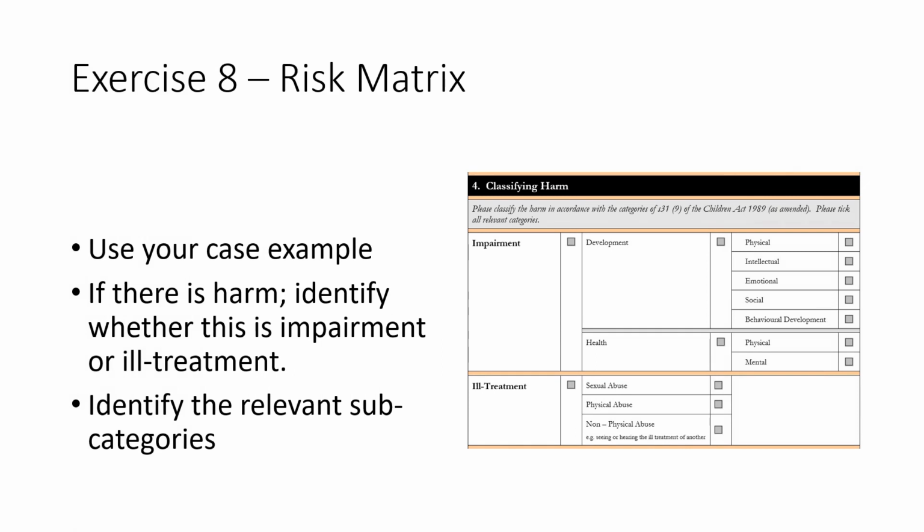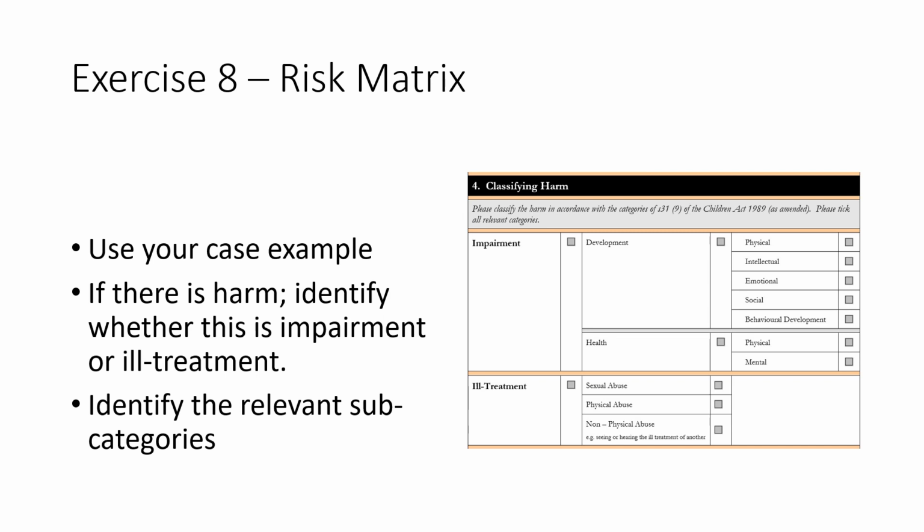Please consider the case example from your own practice. In videos 10, 11 and 12, you identified harm. If there is an indication of harm, please use the table in your workbook to record the categories of harm according to Section 31 of the Children Act 1989.